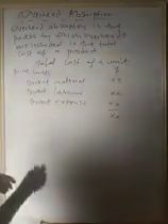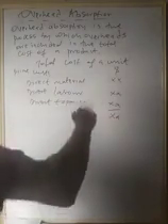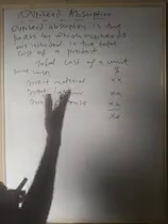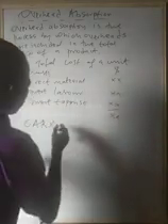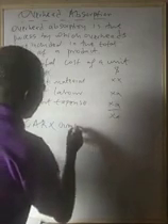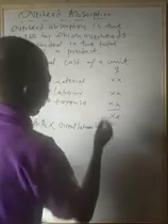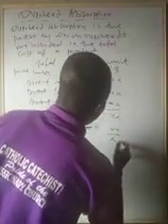You look for the overhead absorption rate multiplied by the applicable absorption basis, for example, direct labor hour. But you must have gotten the overhead absorption rate first. Then you add it together.